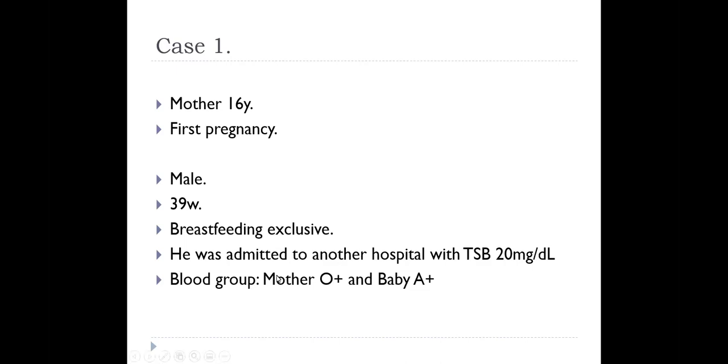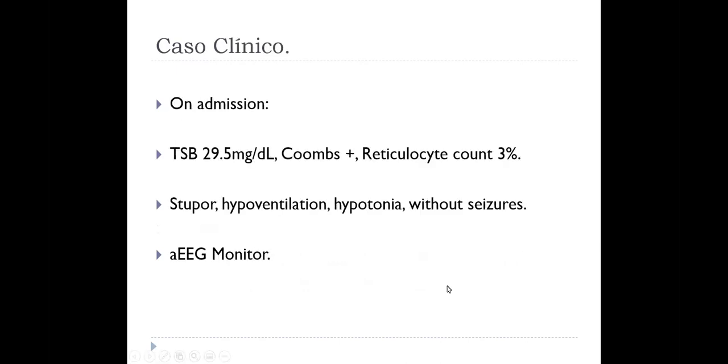The blood group, mother O positive and baby A positive. Okay. On admission, TSB was 29, Coombs was positive, and reticulocyte count 3%. But the baby was with stupor, hypoventilation, hypotonia, and without seizures.